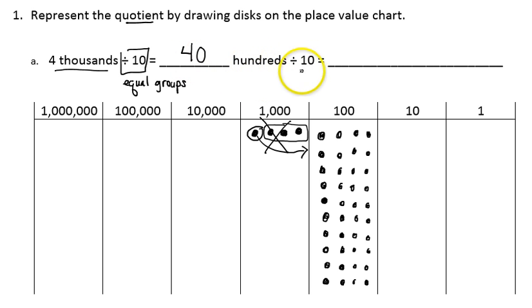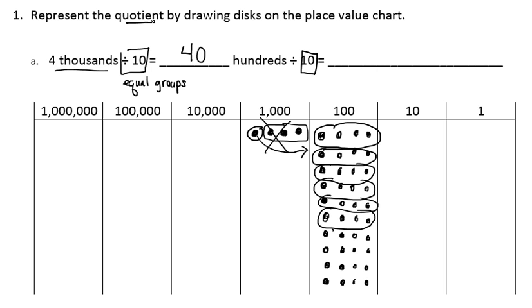That means I can take my 40 hundreds and divide those into 10 equal groups. I'm just going to do that horizontally. Here's one group, 2 groups, 3, 4, 5, 6, 7, 8, 9, 10.